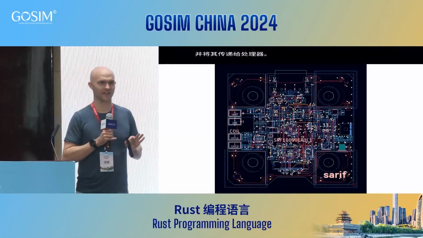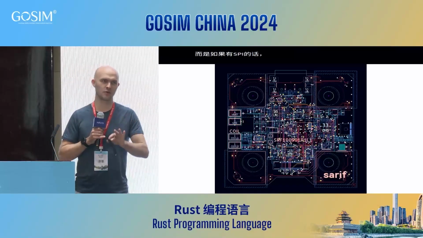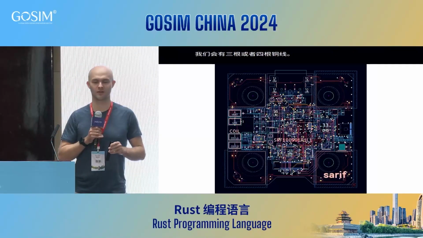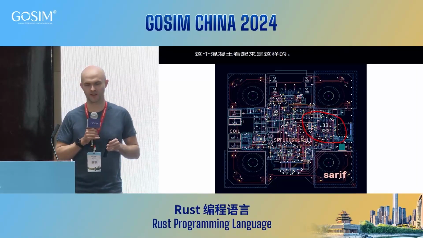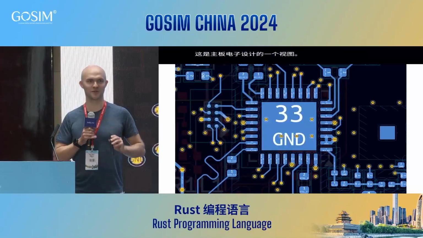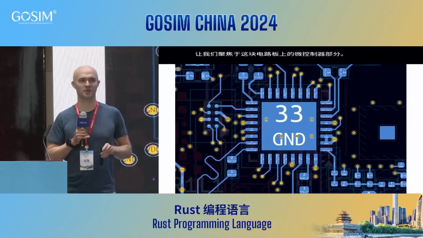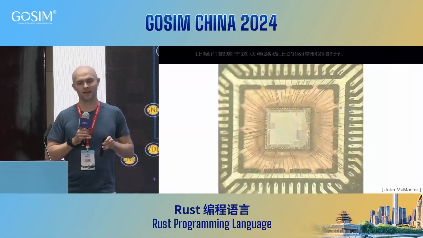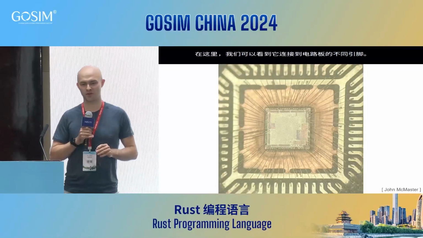So let's zoom in a bit. How does this concretely look? This is a view of the electronic design of the board, and let's zoom in on the microcontroller part of this board. Here you see the different pads to which it's connected to the board. And then we have the chip etched away with some solvent.